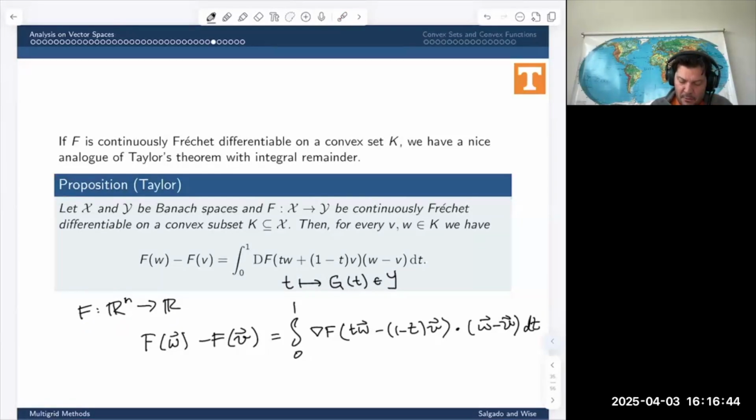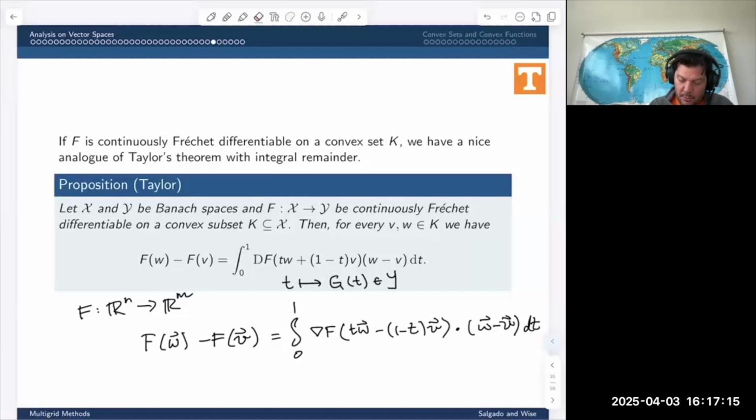Maybe I want to consider functions from Rn into Rm. Well, in that case this is not quite as simple. Instead of a gradient, this is what's called a Jacobian, and the thing is a little bit more complicated. I don't want you to worry about that.